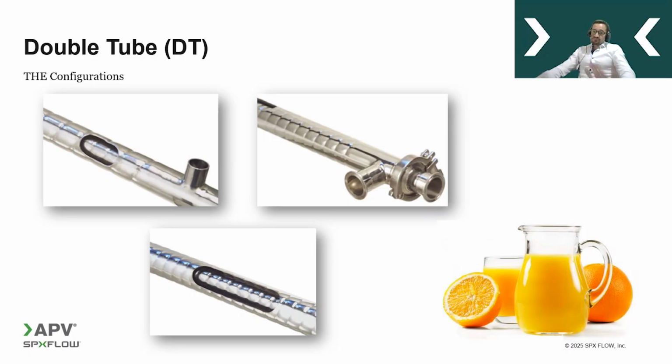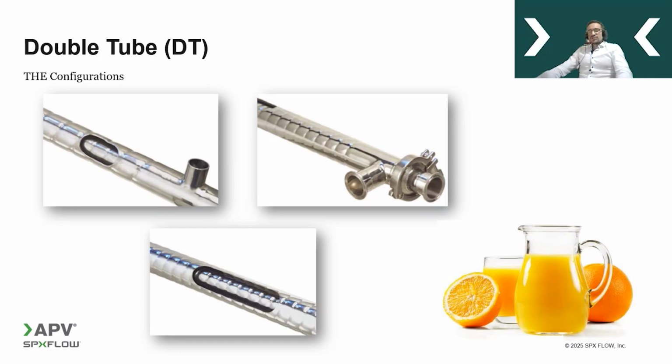However, it is also the least efficient in terms of heat transfer surface area if you compare it with other solutions, especially the multi-tube, as we mentioned before, because obviously it is the one having the least total heat exchange area.